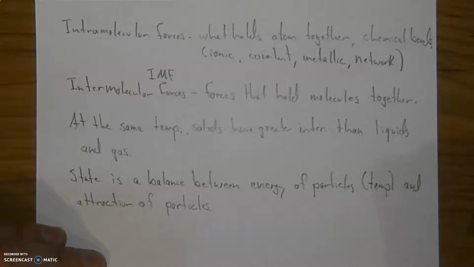So you always have that balance between the potential attraction of the particles for each other in comparison to the energy that is in the system, the temperature, that allows them to have elastic collisions and bounce off each other.